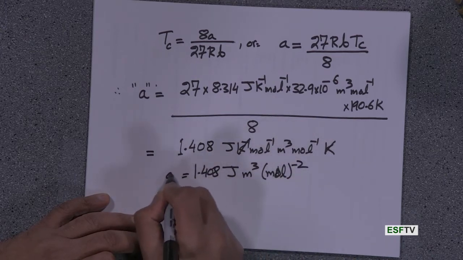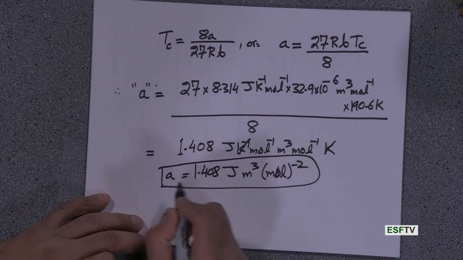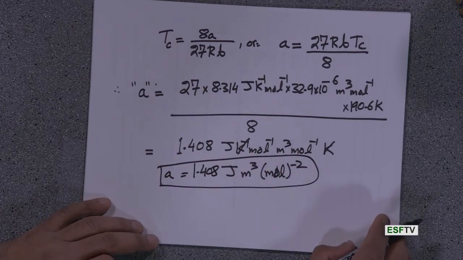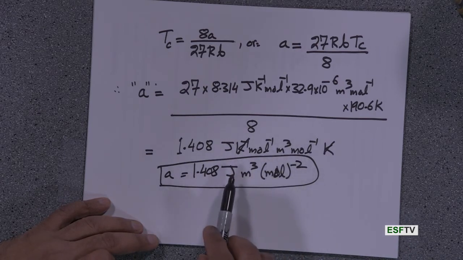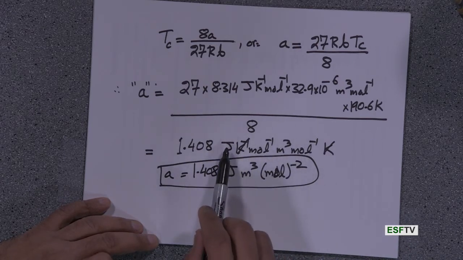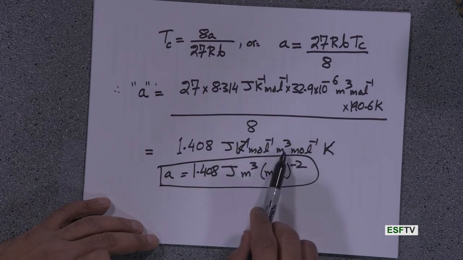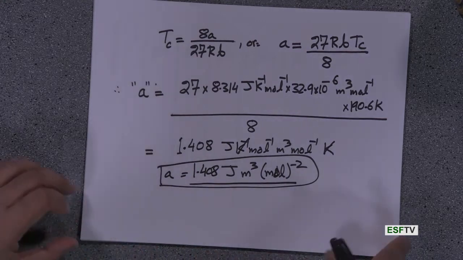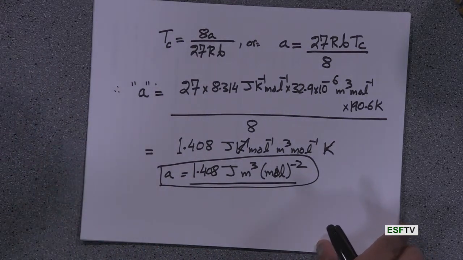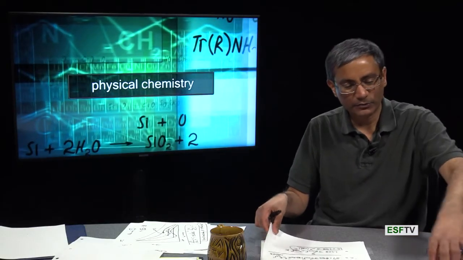The reason I'm ending up with A in slightly different units, not in the liter atmosphere type units, is because I'm keeping with metric units. I'm keeping the energy in joules and the volume in cubic meters, so that's why A ends up in these units. Okay, so that's A, that's little b. We have solved the first part of this problem.